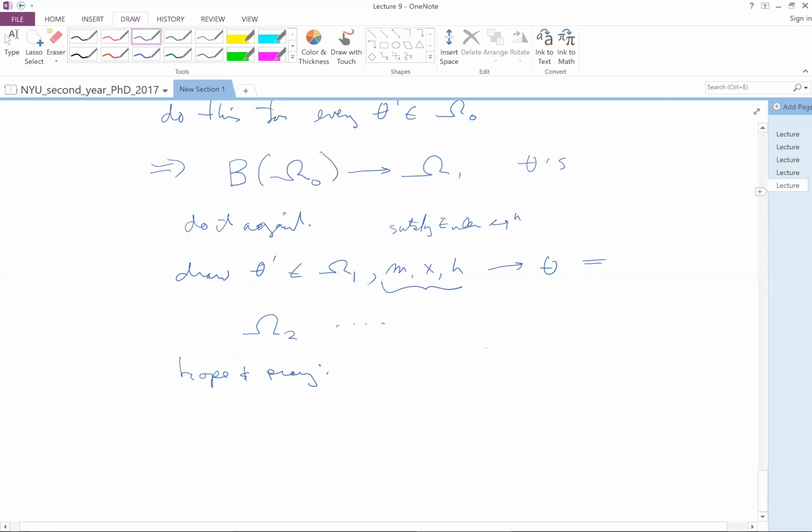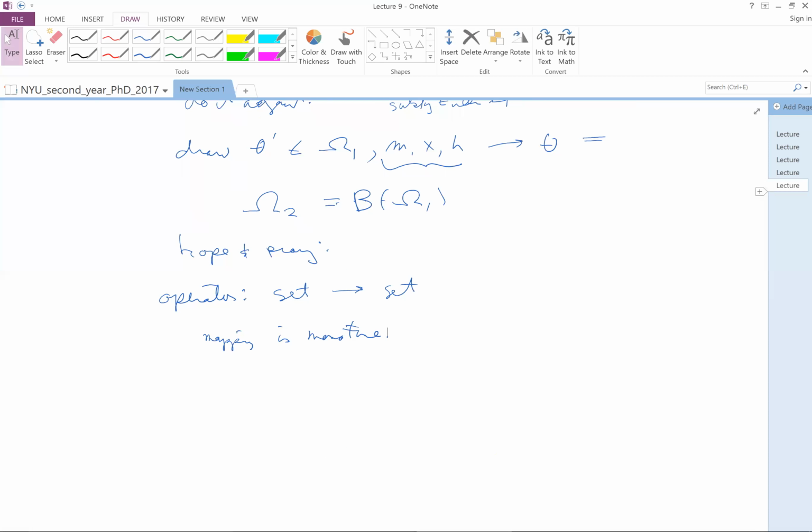But it turns out this procedure defines an operator that maps a compact set into a set. And it turns out the operator, the mapping, is monotone.